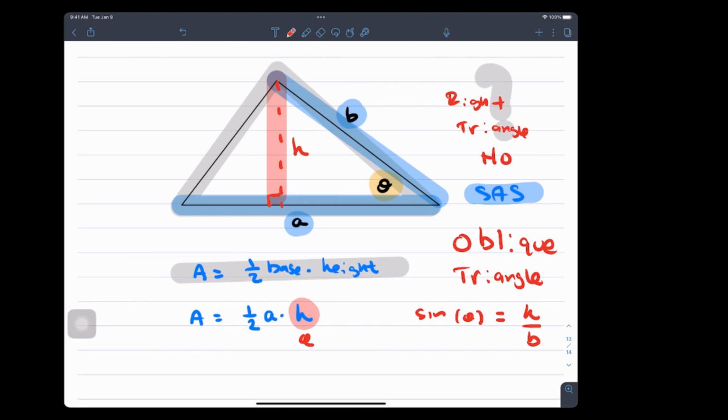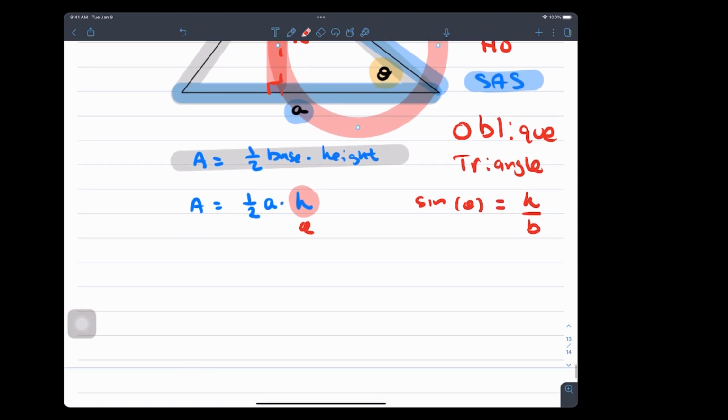I want you guys to focus right in here. What's the opposite side? H. What's the hypotenuse of that triangle on the right side? Isn't that B?